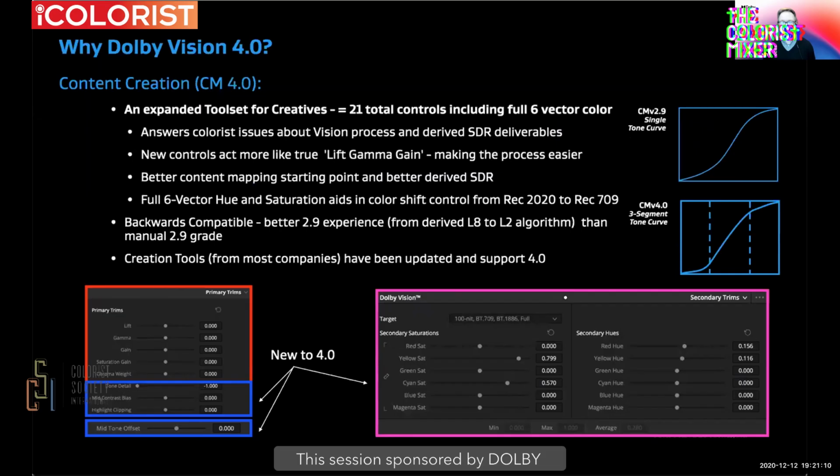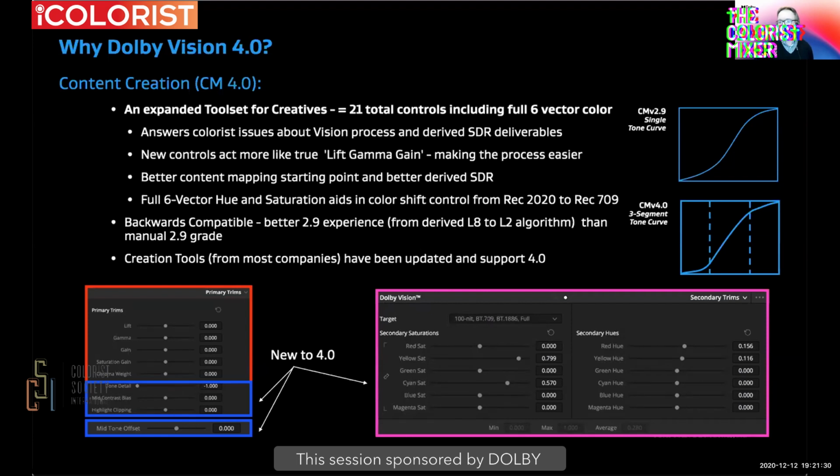Yes, thank you. That's a great topic. So essentially, we came out with 4.0 2 years ago, and we worked with certain studio partners, and they didn't feel that the 2.9 backwards compatibility that's automatically generated was good enough.